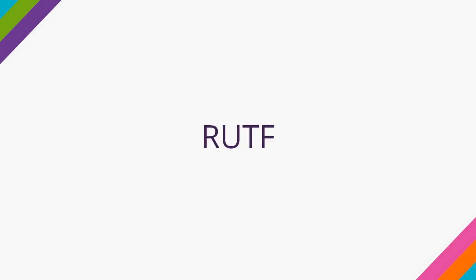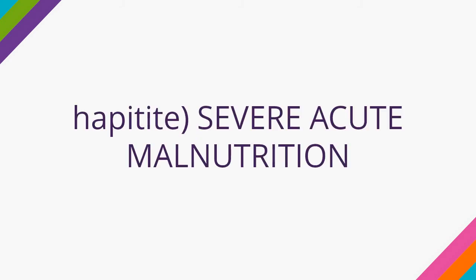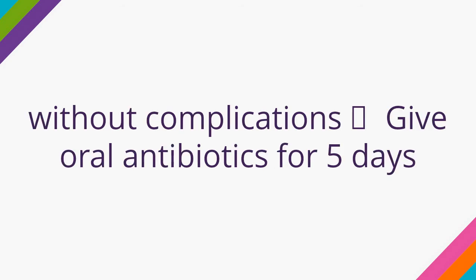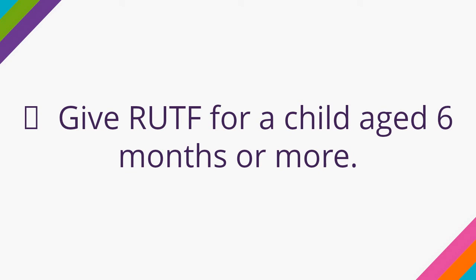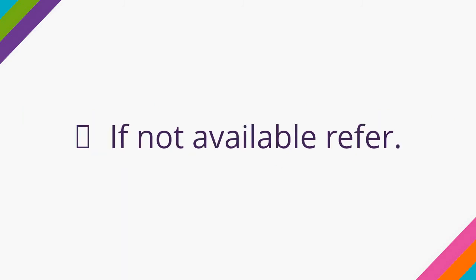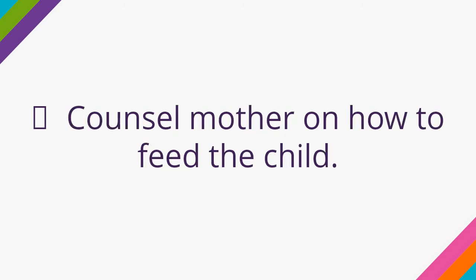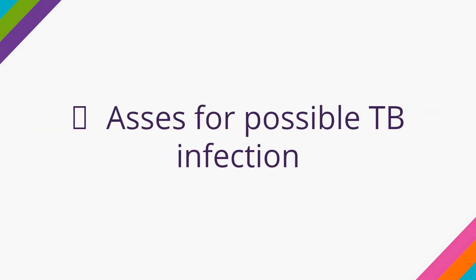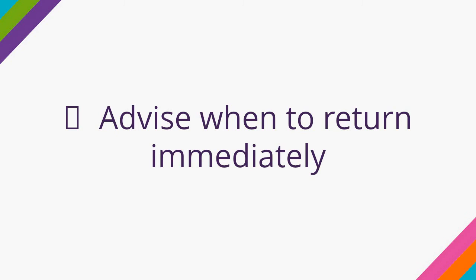The other yellow color code is when weight for height is between 3 and 2 Z scores, or middle upper arm circumference is 115 millimeters or more. So now this one will be classified as moderate acute malnutrition. You can assess the child's feeding and counsel the mother on feeding. If the child has a feeding problem, follow up in 7 days, assess for TB, advise when to return immediately and follow up in 30 days.